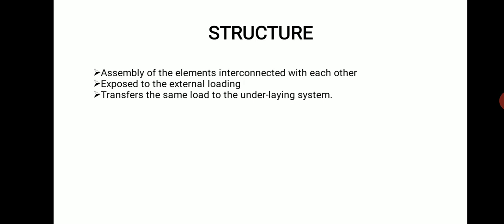So if the 5 kilonewton is the load acting on the roof of the building, that amount of load will be transferred first to the slab, and then to the beams, and then to columns, and then to the final, that is the footings, and it will be reaching to the earth, underlying earth. So here the starting element is the roof or the slab, and the final underlying element is the foundation.